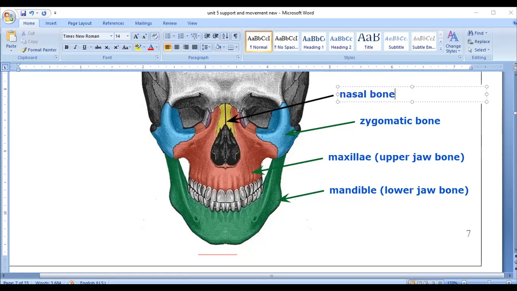So out of the 13 bones, exactly 6 bones we can notice from outside. Understood? Yes, sir. So how many bones are remaining? Seven bones are remaining.